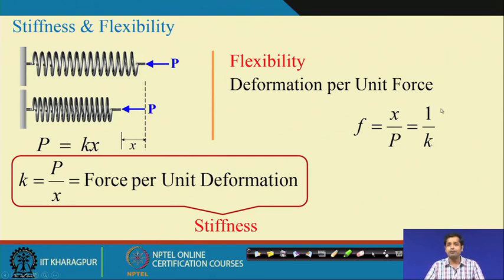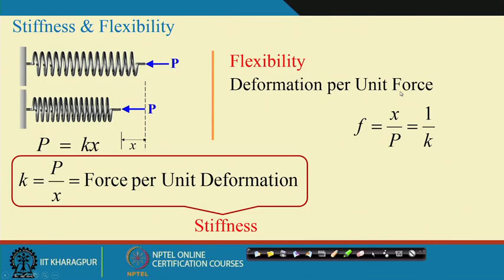Now, this is very straightforward, but one thing is very important here. Whenever we talk about stiffness and flexibility, they do not carry any meaning until we mention which force and which displacement they relate.